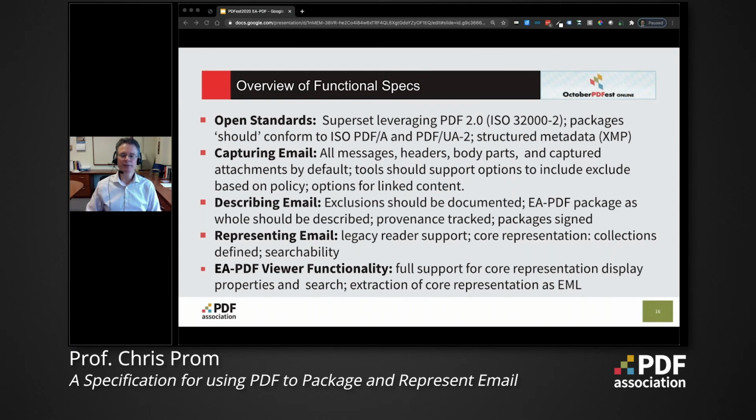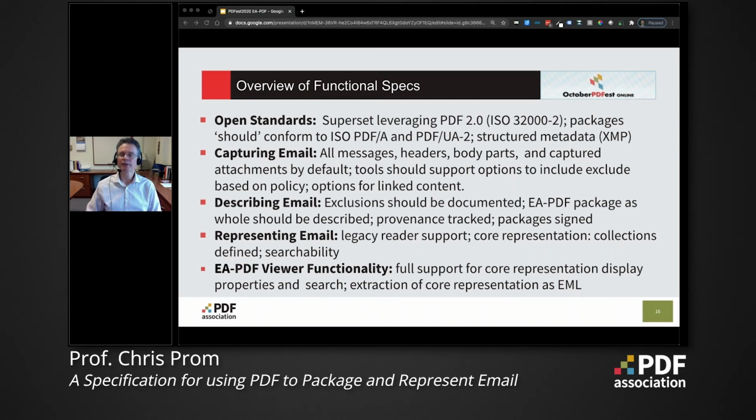The standard also makes some recommendations around how EA PDF packages should be described. Specifically, any content that's excluded should be documented. The package itself should be described as a whole.